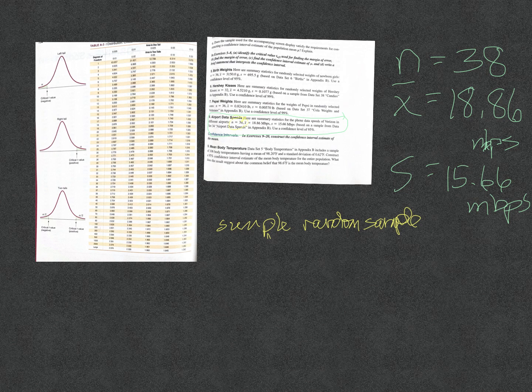And what we see is our sample size is 38, so it is bigger than 30, so we're good. So, sample size greater than 30. That means we can use the student's t-distribution to evaluate this, okay? And so we want to make a 95% confidence interval.